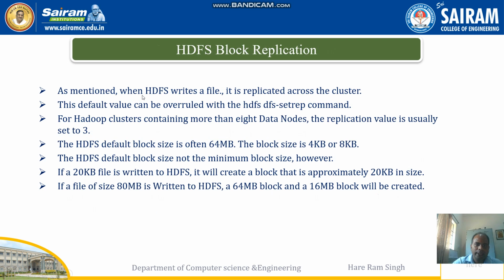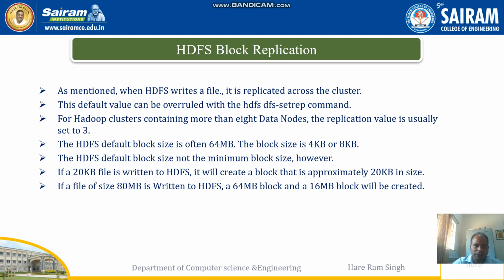I mentioned that when HDFS writes a file, it is replicated across the cluster. So one file can be replicated on many data nodes among the clusters. This default value can be overruled with the hdfs dfs -setrep command, which can be used to change the default value of the replication.